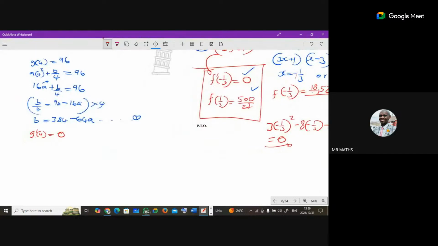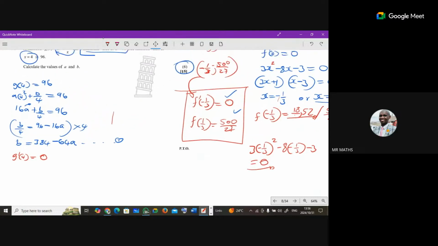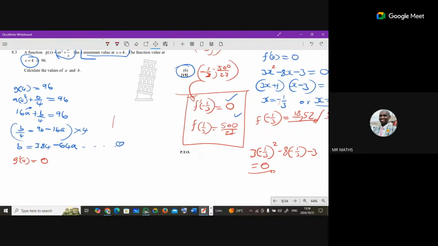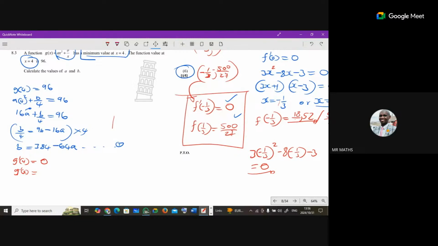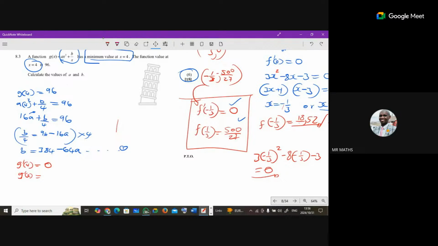Then we work out what we are going to get, so we have to derive the original equation they gave us. We need g prime of x. To derive it, we must first simplify it. Are we together?